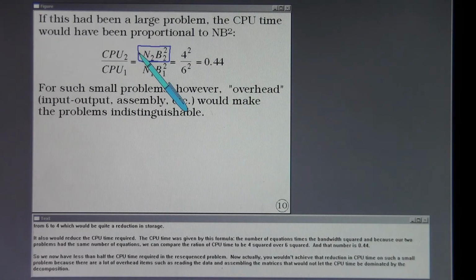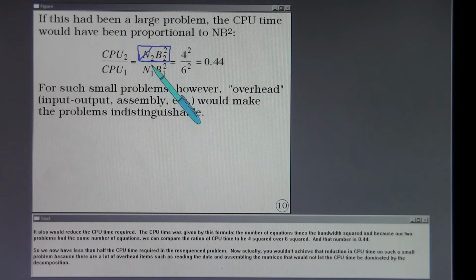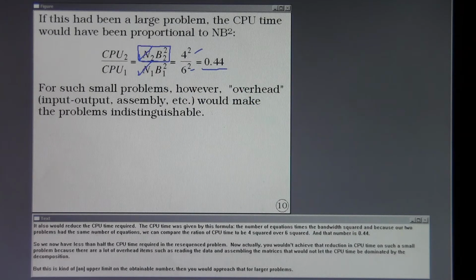And because our two problems had the same number of equations, we can compare the ratio of CPU time to be 4 squared over 6 squared. And that number is 0.44. So we now have less than half the CPU time required in the resequenced problem.